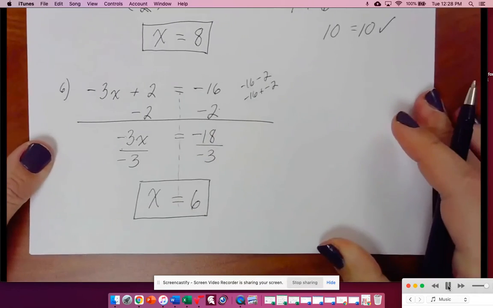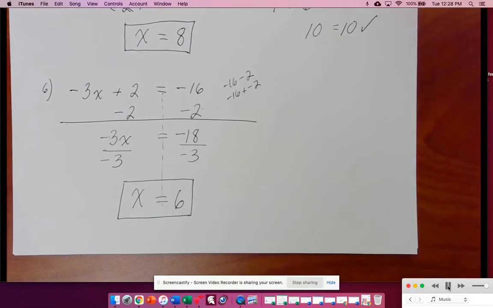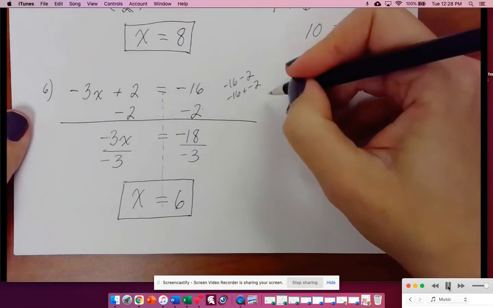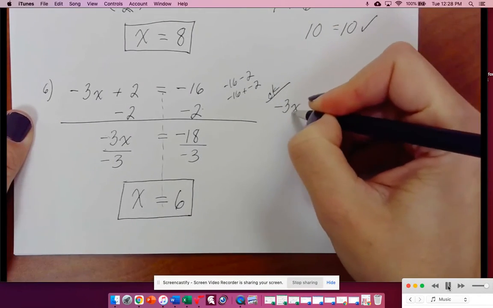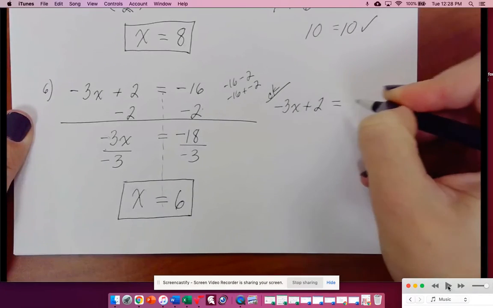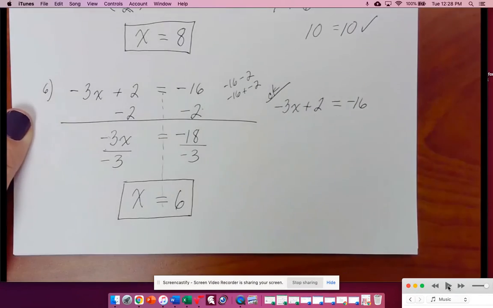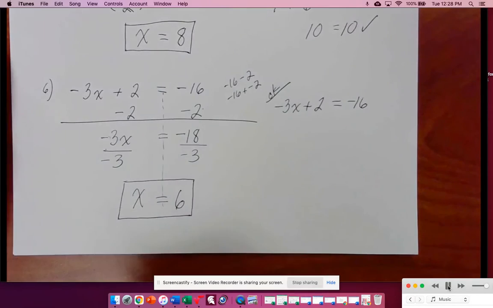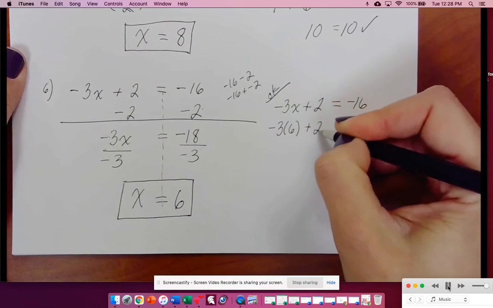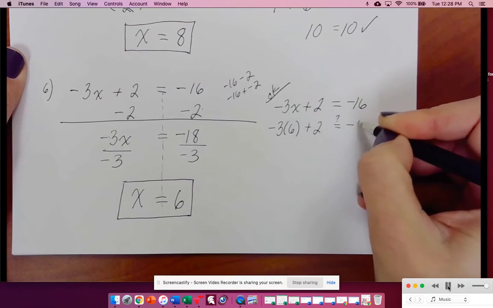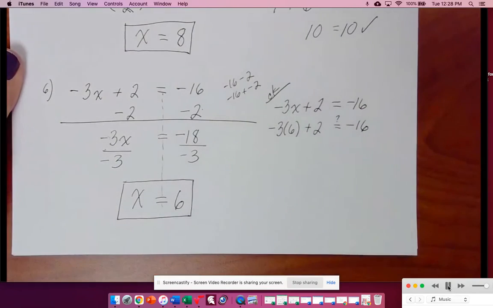All right, let's check it. Check, please. Negative 3x plus 2 equals negative 16. Let's sub in a 6. Is this going to work?